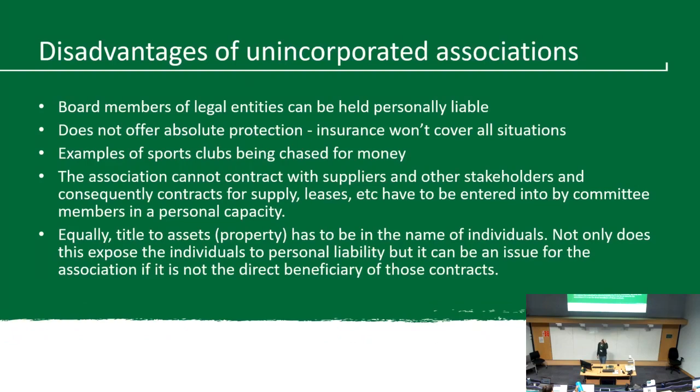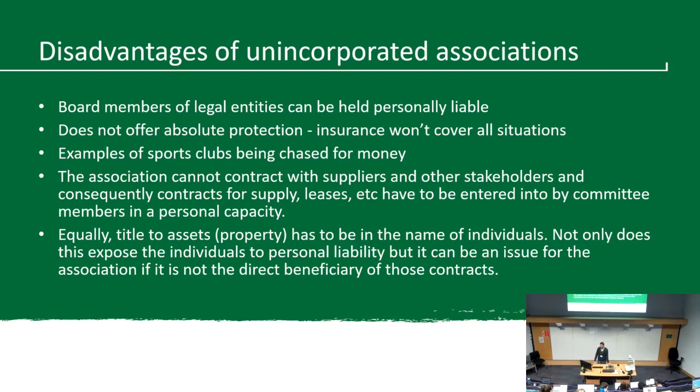The disadvantages of being an unincorporated association are that because there's no legal personality, the only thing that exists is this set of rules that we've created. So if anything were to happen to that organization, we could be held personally liable in some way, because there's no legal personality for anybody to try and sue or enter into a disagreement with.